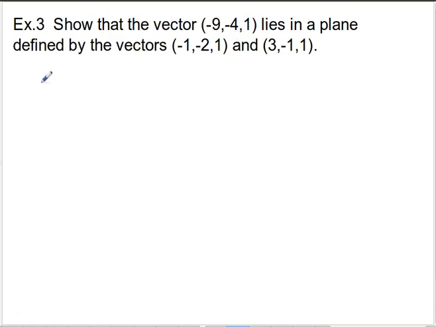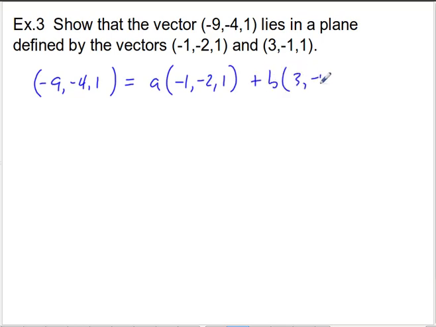So that means that -9, -4, 1 can be written as A times -1, -2, 1 plus B times 3, -1, 1. Now I have to deal with x, y, and z components, so I'm going to end up with three linear equations. -9 is equal to -a from here plus 3b. That's equation 1.